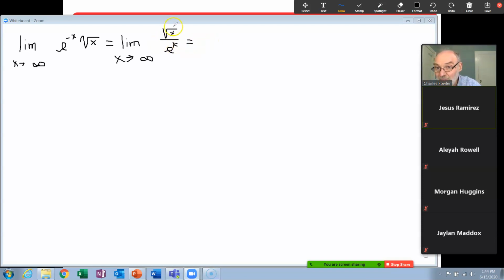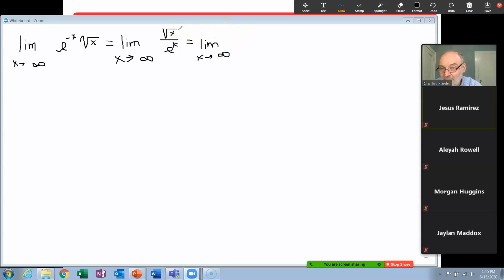L'Hopital's rule, that fits L'Hopital's rule, infinity over infinity. We can certainly do that. So let's take the limit as x is going to infinity. This is the tedious part of all this, writing all this mess over and over again. Okay, let's take the derivative.